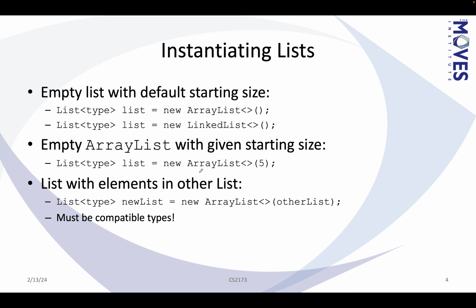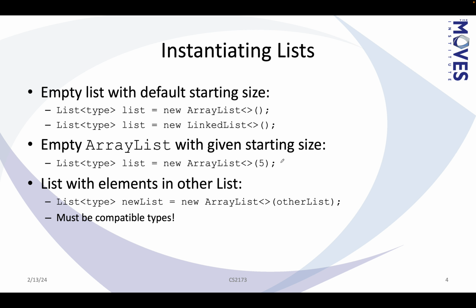The other thing is, if you have an idea of how much you're going to be using, I actually don't use this too much because I found that the expanding is usually fine. But sometimes there are situations where you do want to specify the starting size.